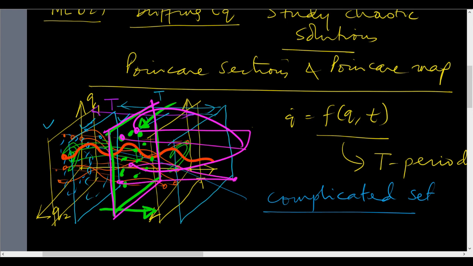So we do that, and we generate that set of points on this plane. This plane is the Poincare section.